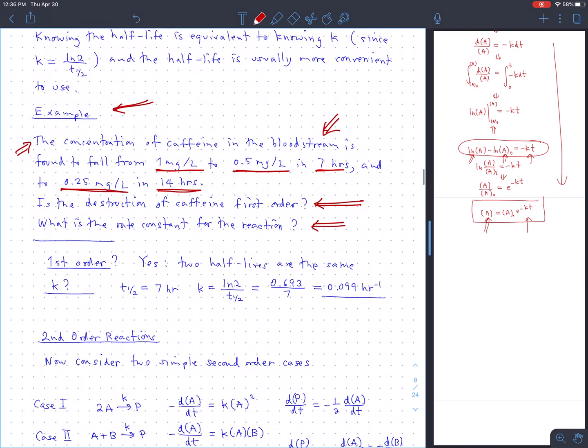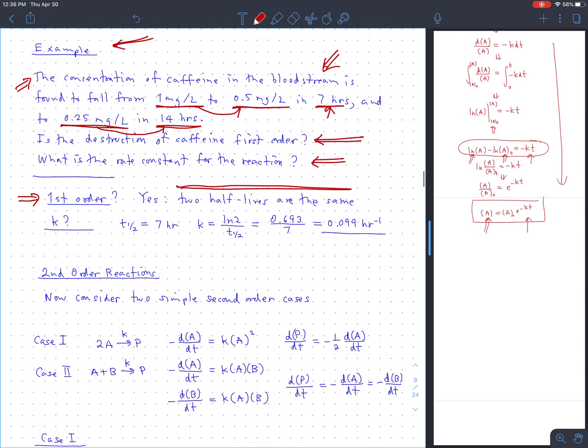Well, if you look, it fell by a factor of 2, so that's one half-life in 7 hours, and it fell by another factor of 2 in a total of 14 hours, which is another 7 hours. And so, is it first order? Yes, the two half-lives are the same, at least as far as we can tell from the data we've been given. What's the rate constant? Well, the half-life is 7 hours.